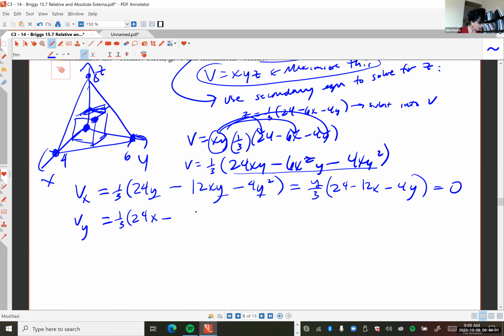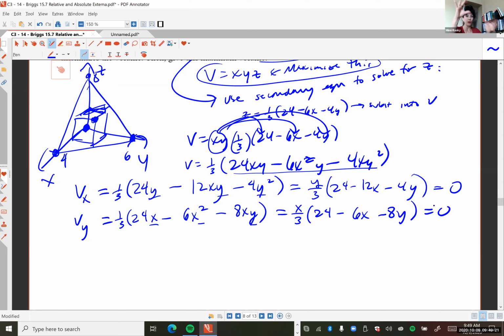So I get 24x minus 6x squared minus 8xy. Oof. And there's a common factor of x. I'll just factor that guy out. So I'll have x over 3 multiplied with the quantity 24 minus 6x minus 8y.